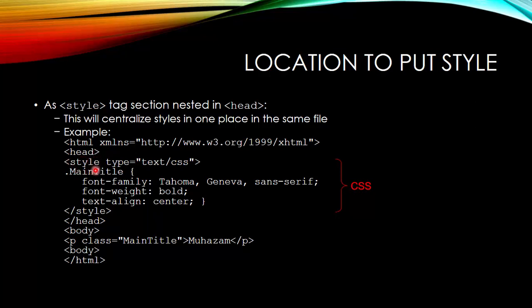So we put style. We can put this optional type attribute for the style tag. We need some kind of selector or linker between the style and the place where we want to make the style appear. For example, this paragraph, we assign it to the class main title. So in the style definition, we put main title and precede with a dot to tell that this is a class.